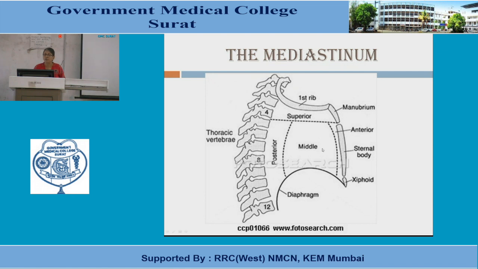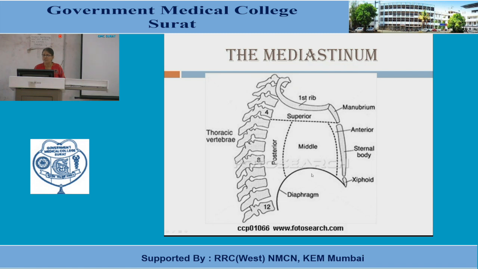This is almost a mid-sagittal section of the thorax. These are the thoracic vertebrae from T1, which give articulation to the posterior end of the first rib, to the 12th thoracic vertebra. What is this? It is the diaphragm.